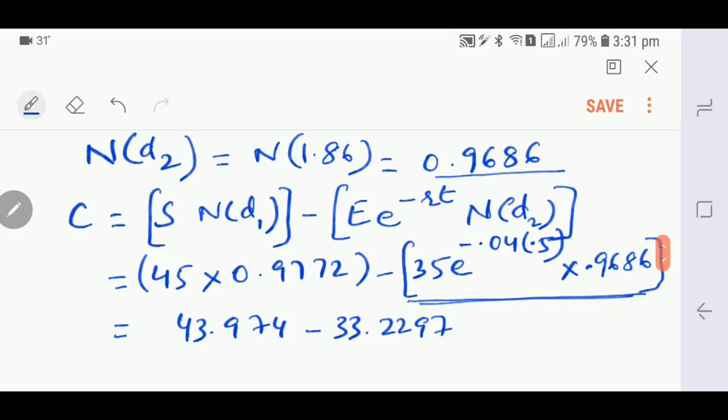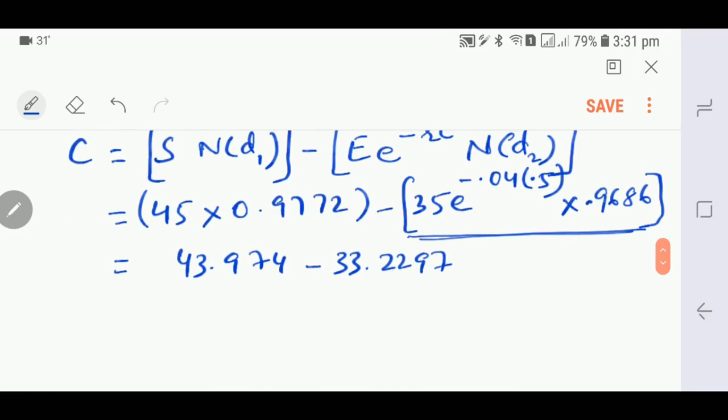These are approximate numbers depending on how many places your calculator is set to display after the decimal. The rounding off would change the answer slightly, but that's all right. So for me, it is giving me $10.74 as the price of the call option.